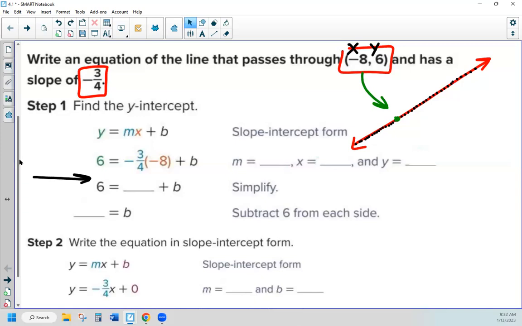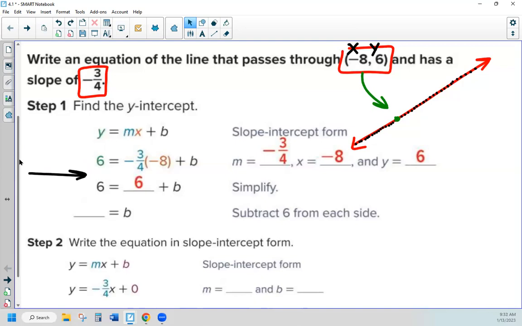Our slope is given to us, our x is given with the point, and our y is given with the point as well. Then we just do the math that we know how to do. We multiply these two numbers: a negative times a negative is a positive, 8 times 3 is 24, and 24 divided by 4 is 6.